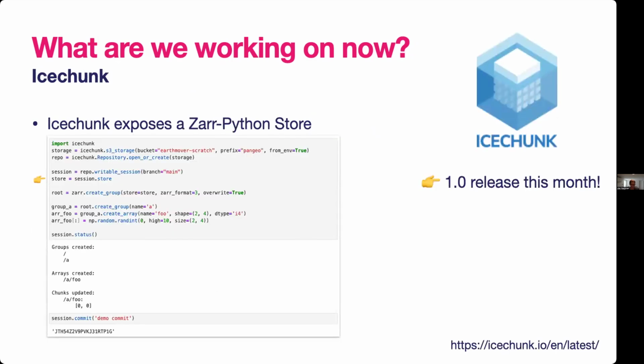And then I'd be remiss if I didn't mention that there's work at the store level also happening. So, at Earthmover, we're working on Icechunk, this transactional storage engine for Zarr. The way Icechunk works is it exposes a Zarr Python store interface.